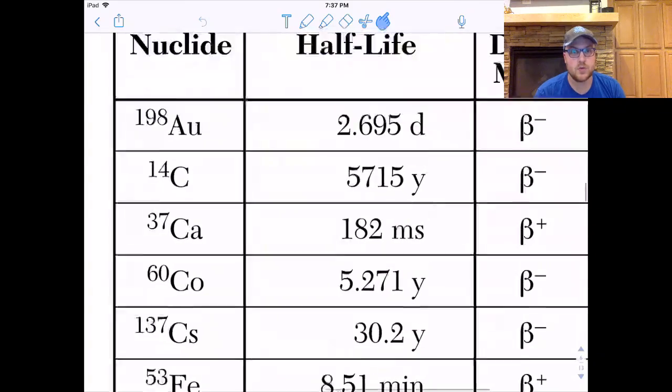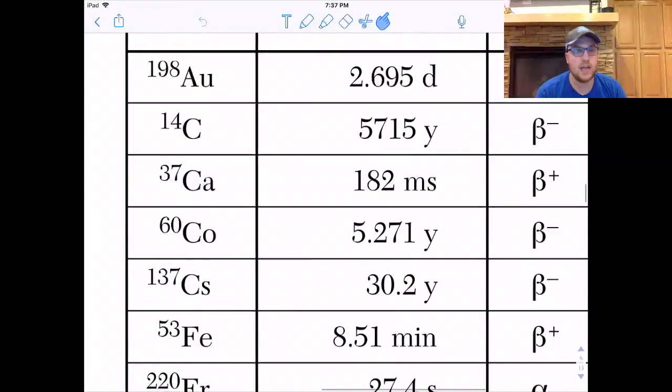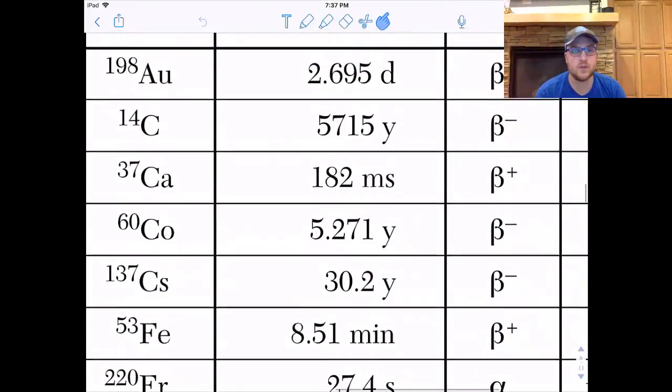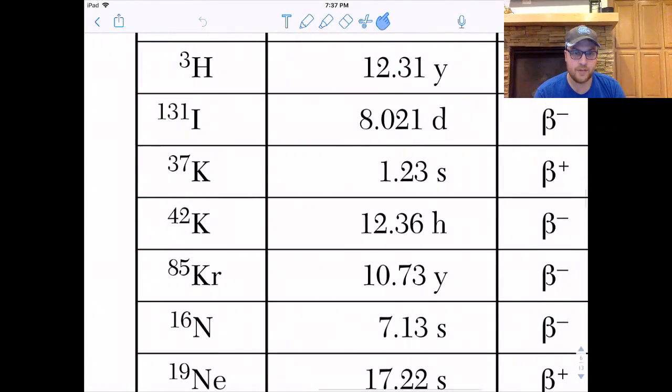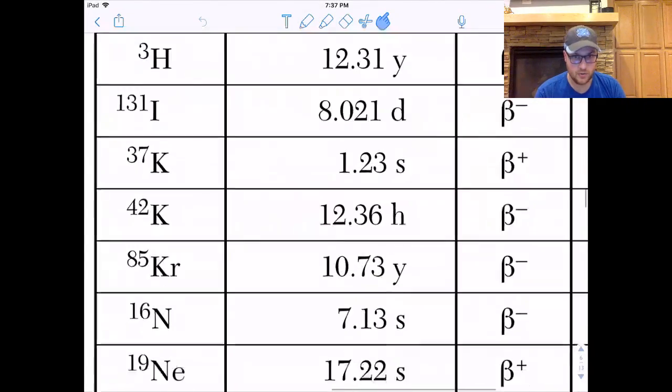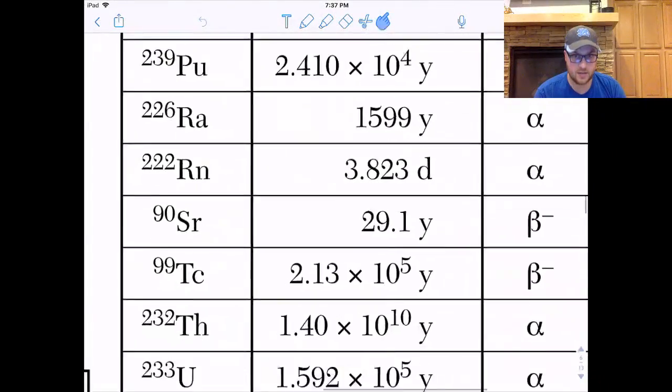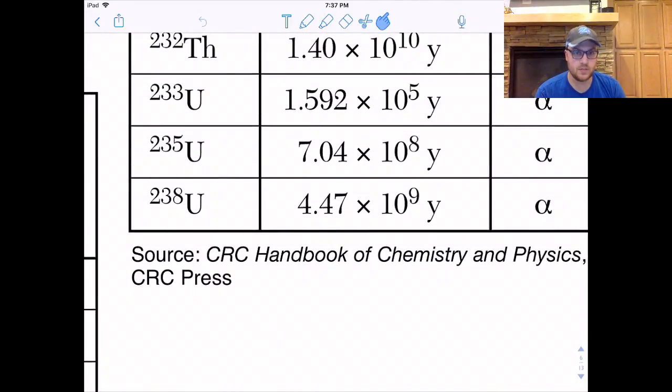So as you go down, gold is 2.7 days, carbon is 57 years, calcium is 182 milliseconds. All of these things have different half-lives. Some very long, years, some very short, seconds, some extremely long, billions of years.